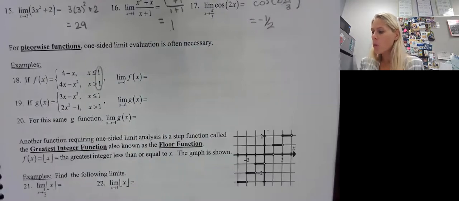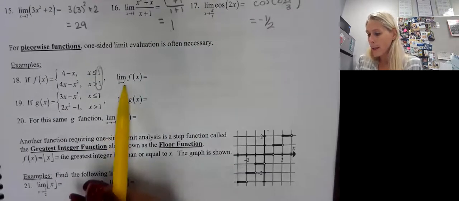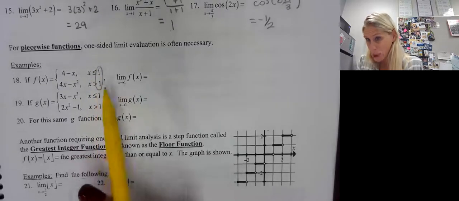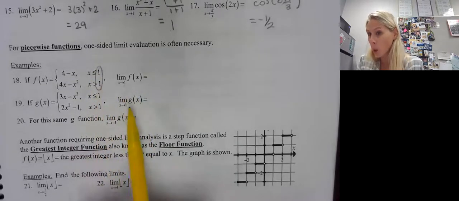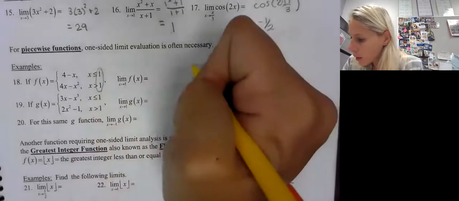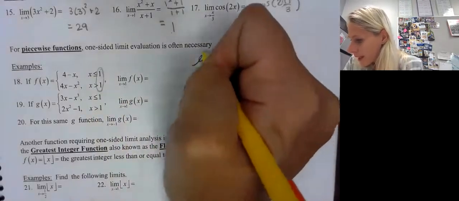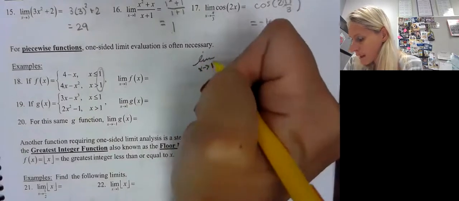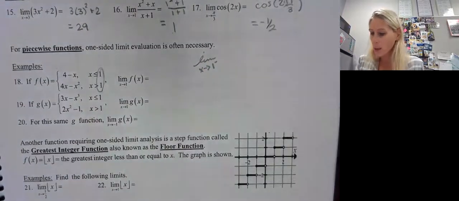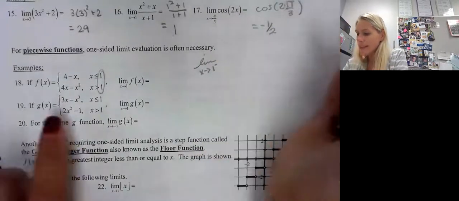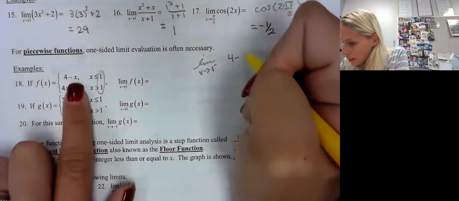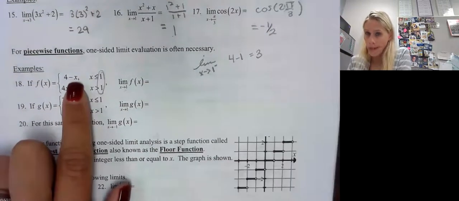So when our limit is to the x value where it splits, you have to test both sides. So we're going to go limit as x approaches 1 from the left side. Now when we do the left side, it's going to be above here. So we say 4 minus 1, which equals 3.